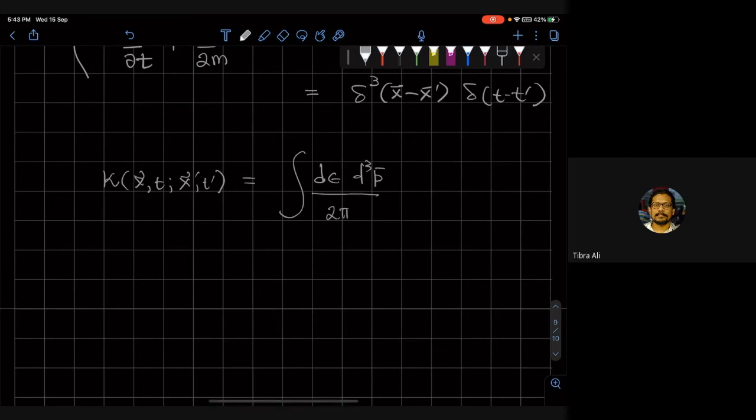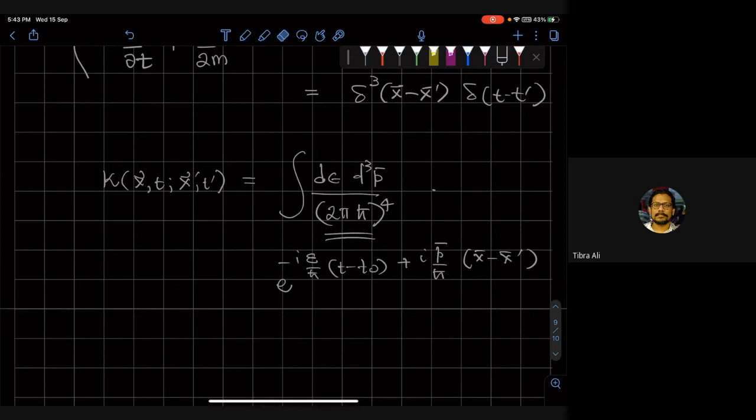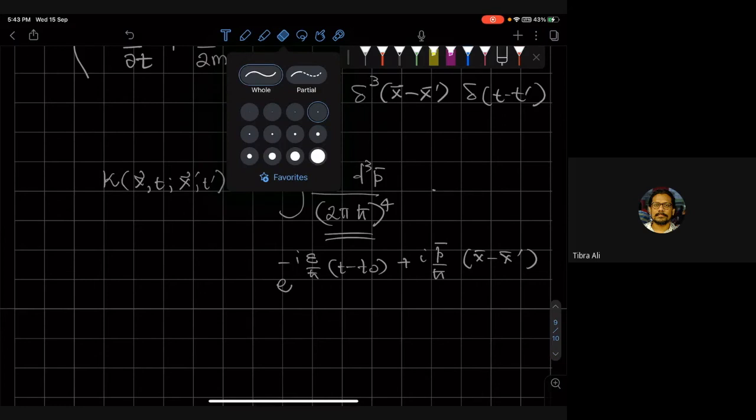And then we have some constant, something like this, but the precise power of this is not important, and I might make some mistakes there. Times e to the power minus i epsilon by h bar (t minus t0) plus i p by h bar dot (x minus x prime). Maybe I should be consistent and use t prime here.